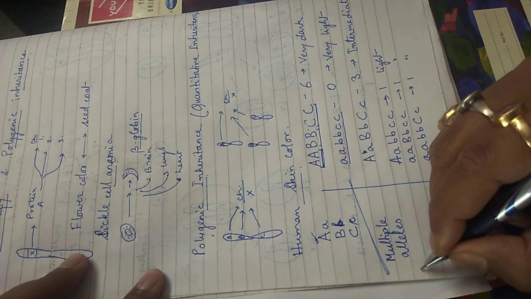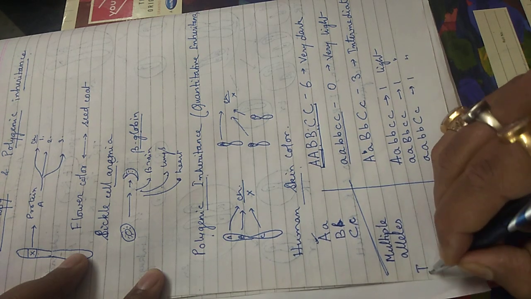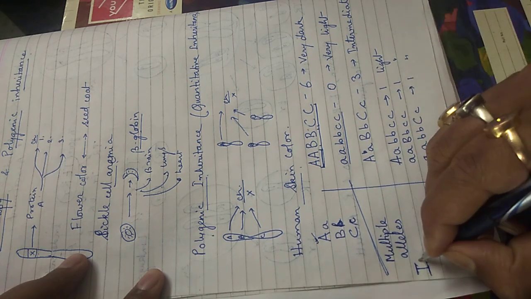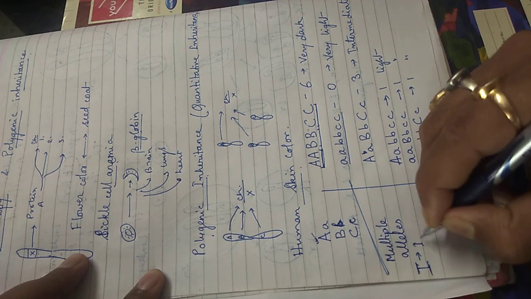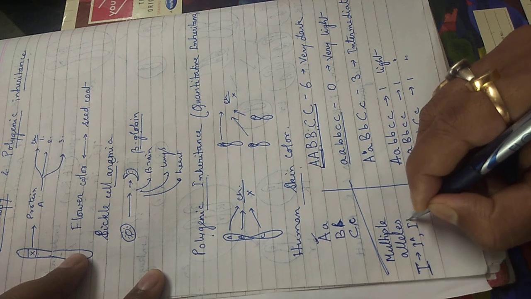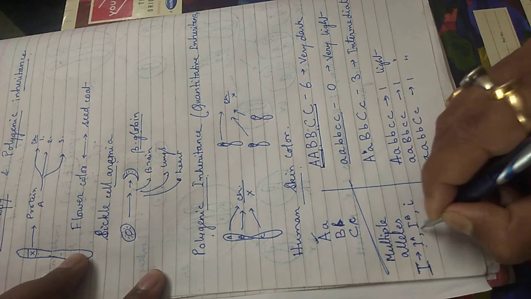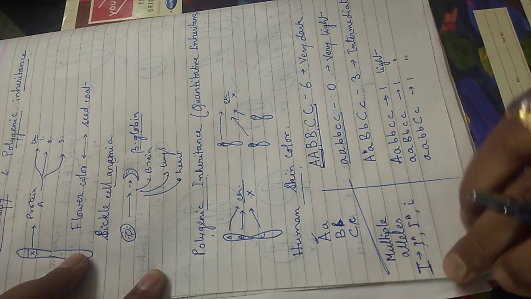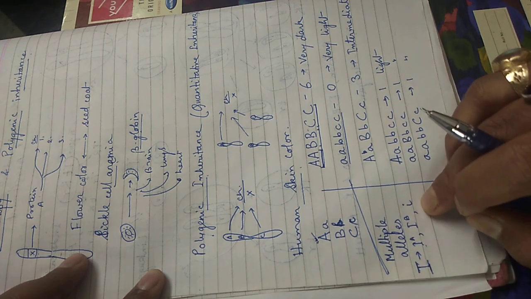Human blood group is determined by a single gene. The gene is a single gene, but it has different forms. It is found in 3 different alleles, IA, IB and i. So therefore it is a case of multiple allelism. The gene is one having 3 different forms.